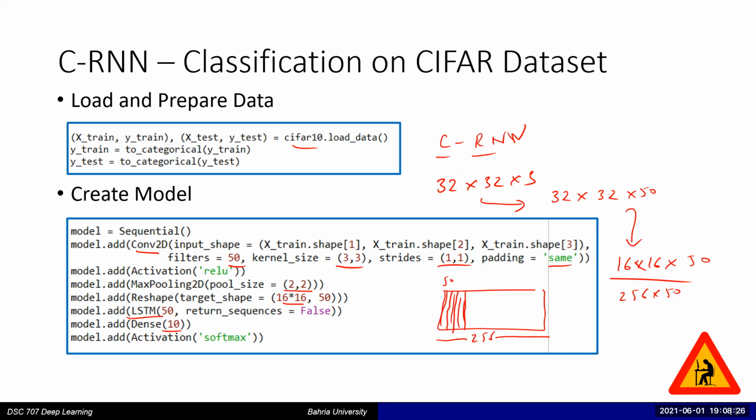And before you can feed it to LSTM, you just reshape it, right? So we were doing pooling, so we had a volume of 16 cross 16 cross 50, which was in 3D. So I reshaped it into 256, 50. So it will treat it as 256 timestamps and 50 values at each timestamp, just like it was doing previously, where you had 28 values and there were 28 timestamps, right?